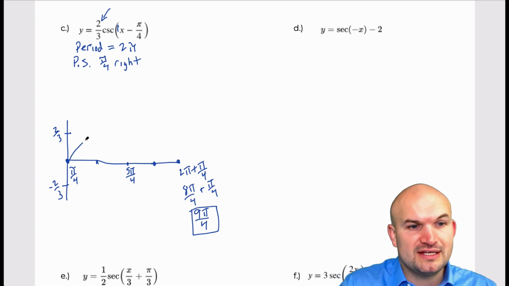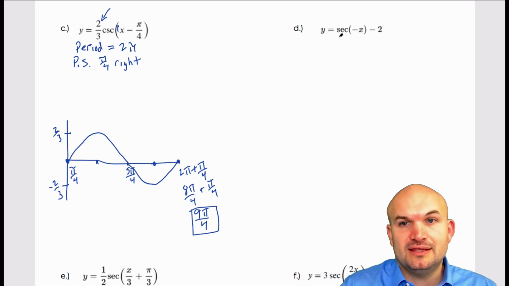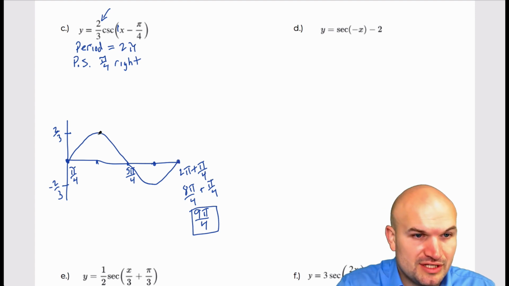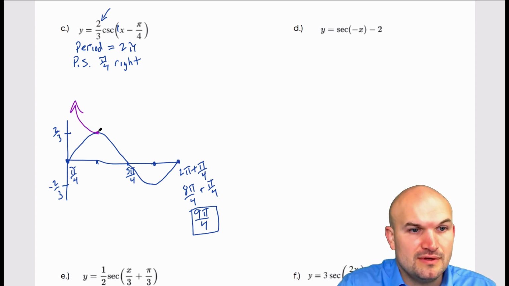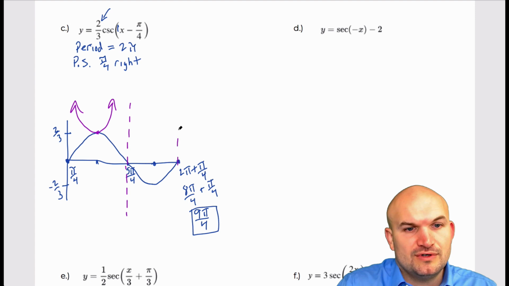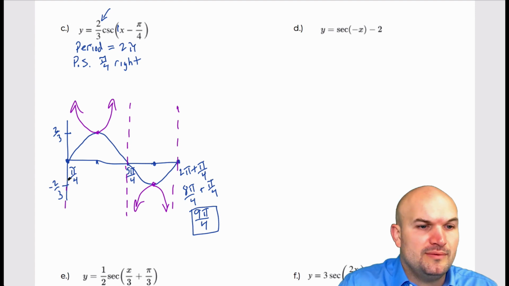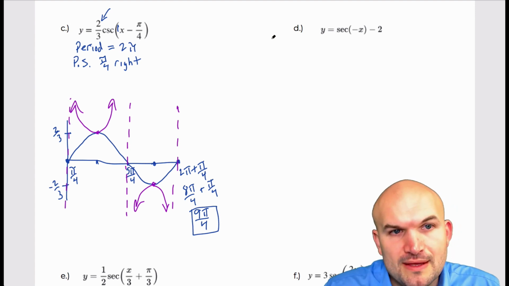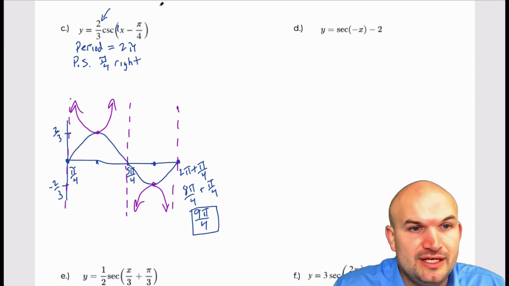So this graph is, again, just going to look something like this. So therefore, to sketch the cosecant graph, it's going to go up there. We have a vertical asymptote here, a vertical asymptote here. That graph now goes down. And then we have a vertical asymptote right here. So let's go ahead and knock out the range.